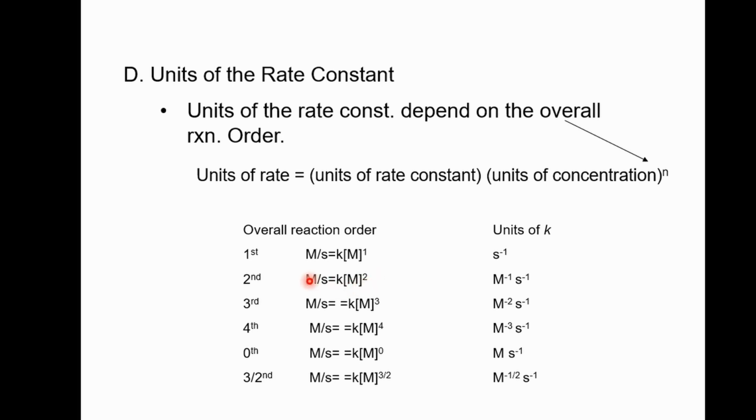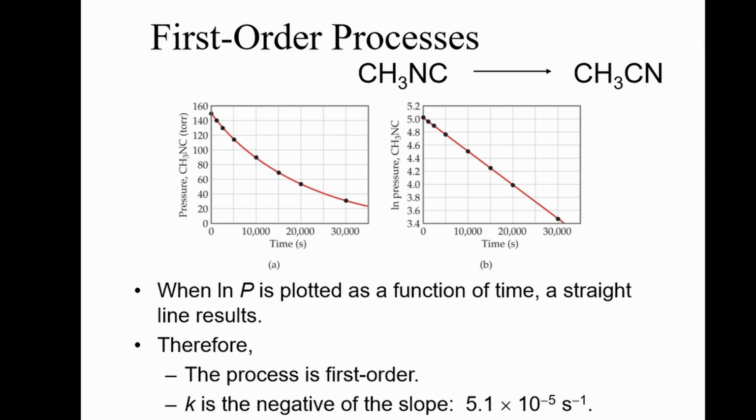We're going to want molarity over seconds. There's got to be a molarity in the bottom to cancel that out. So if you see a rate constant and its units are given, you know the reaction order. If you know the reaction order, you're going to know the units of the rate constant. That's why I have that slide with them all listed.